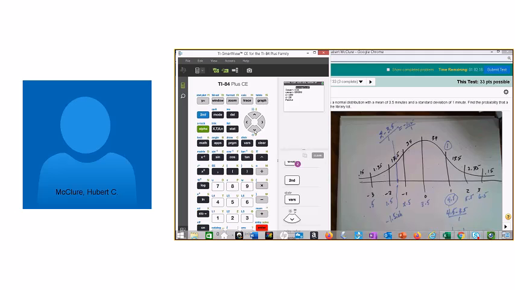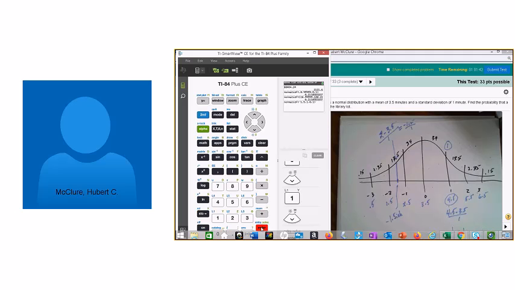So negative 1.5 to 1, and with your normal calculator, you don't have the ability to change the mean and standard deviation. So your mean and standard deviation would look like that, and then you just hit enter.